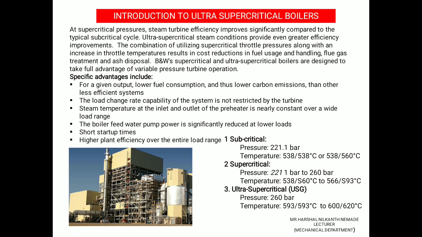The pressure is 221.1 bar to 260 bar and the temperature is 538 to 560 degrees Celsius to 566 to 593 degrees Celsius. Ultra supercritical is pressure above 260 bar and temperature 593 to 600 to 620 degrees Celsius. This was the introduction to the supercritical boiler.